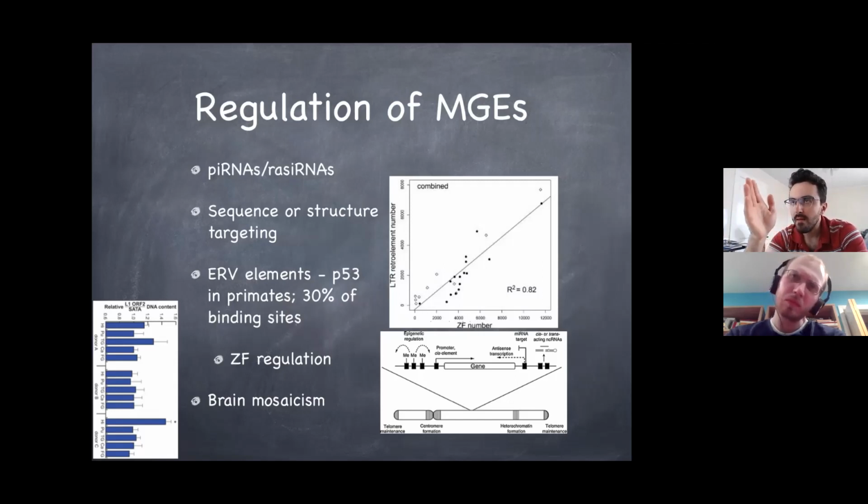On one axis, we have the LTR retroelement number. These are long tandem repeats, the endogenous retrovirus-like mobile genetic elements. And on the x-axis, we have zinc finger endonuclease number. So you see that there's a rather strong linear correlation between the number of this specific type of mobile genetic elements and these zinc fingers which chop up the DNA.